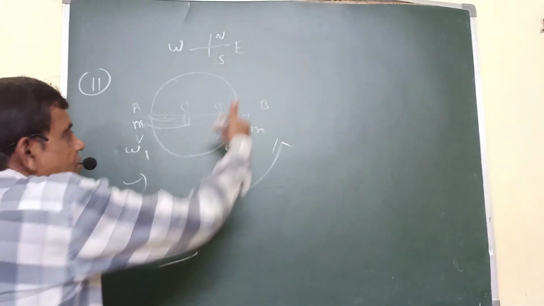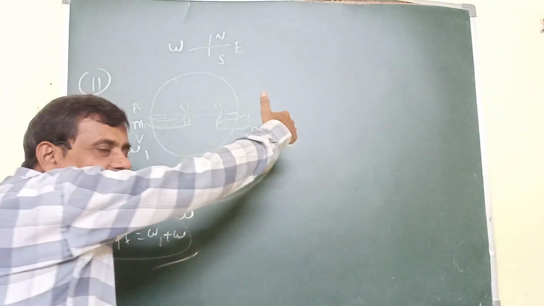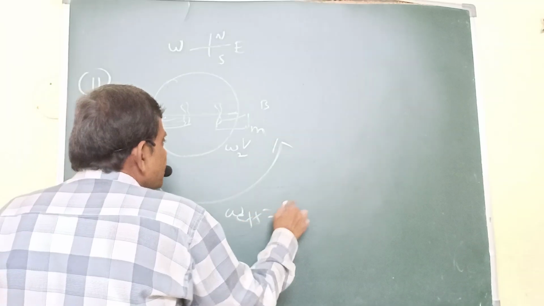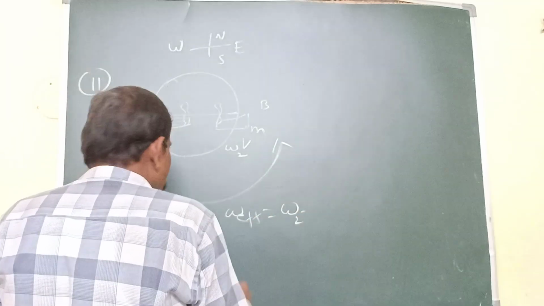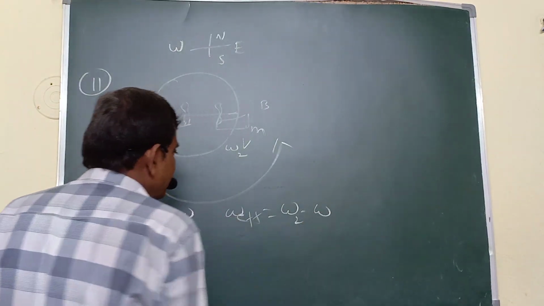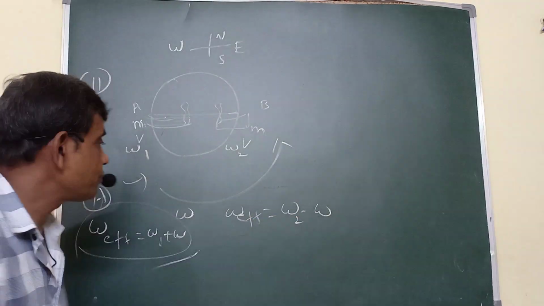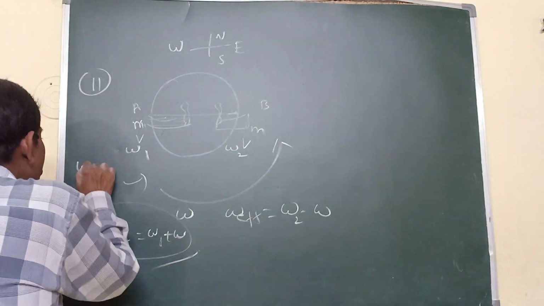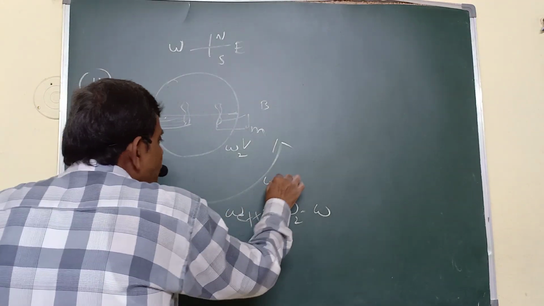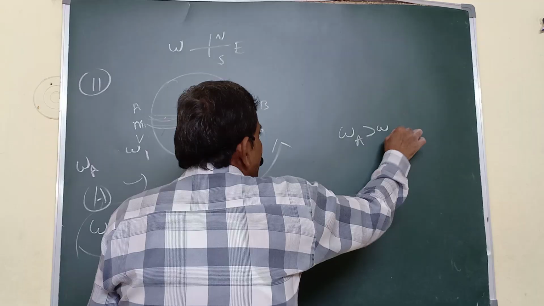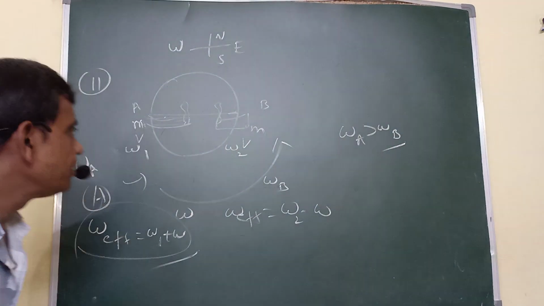What about this? This is moving like this. The angular velocity of the earth is like this. So what about this effective? Omega 2 minus omega. So in this case plus happened, in this case minus happened. So definitely omega A value is more than omega B.